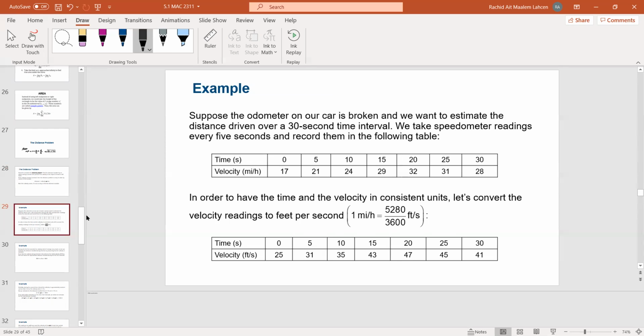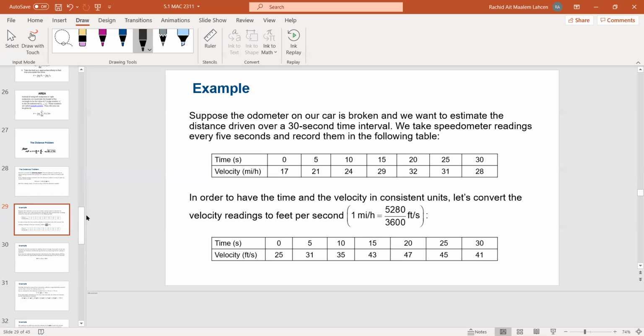Suppose for this car the odometer is broken, and we want to estimate the distance driven over a 30-second time interval. We take speedometer readings every 5 seconds and record them in the following table. So we have time 0, 5, 10, and so forth in seconds, and velocity in miles per hour.